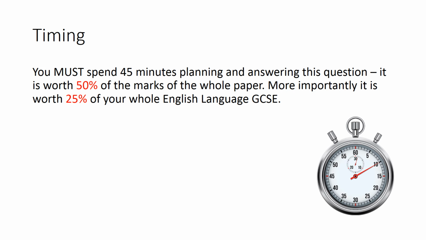It's worth 50% of the marks of the whole paper, 40 marks out of a possible 80, but more importantly, it's worth 25% of your whole English language GCSE. So for a question that we generally tend to do better, why aren't we spending longer doing it? And if you are somebody that hasn't been very good with your timings, you need to sort this out ASAP.